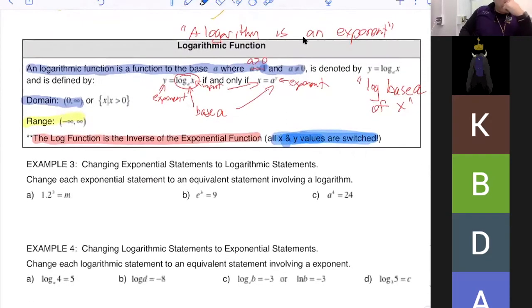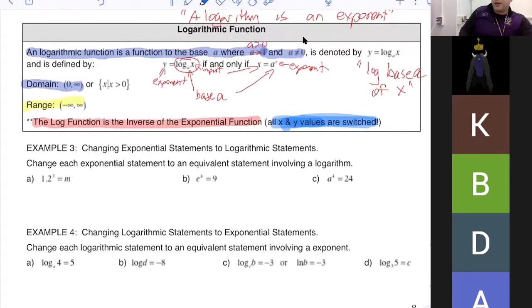Example 3, change exponential statements to logarithmic statements. The first thing, which might be the most important, is going between logs and exponents. So I'm going to write this down one more time: log base a of x is equal to y. Remember, a logarithm is equal to the exponent.